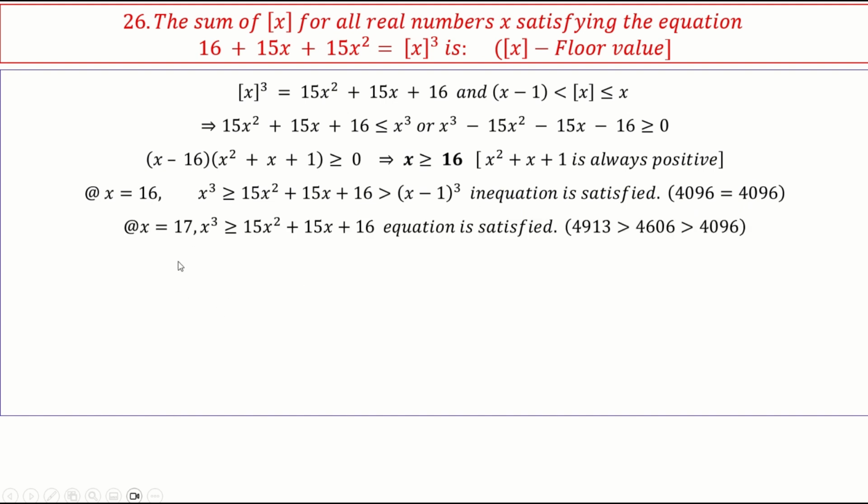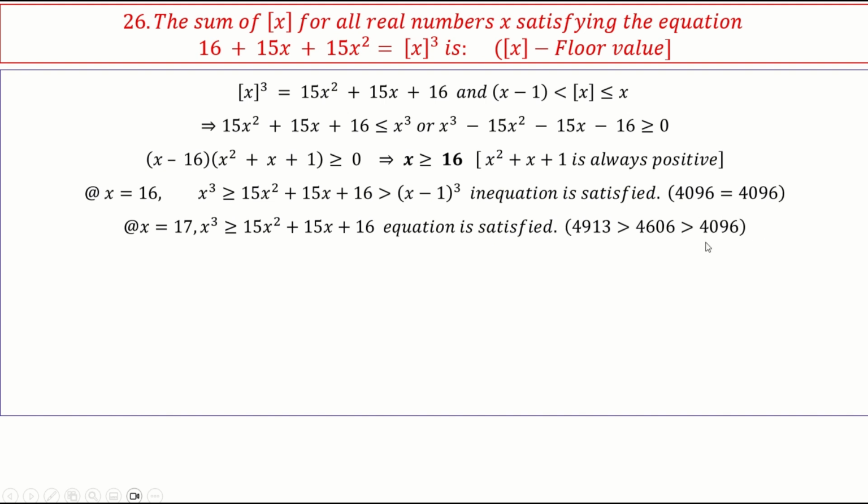Next, at x equal to 17, it's not equality but the inequality is satisfied. x cube is greater than 15x square plus 15x plus 16. Because you can take the values, this is the x minus 1 cube value.